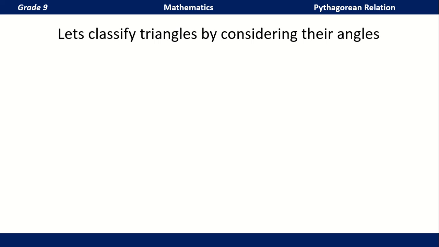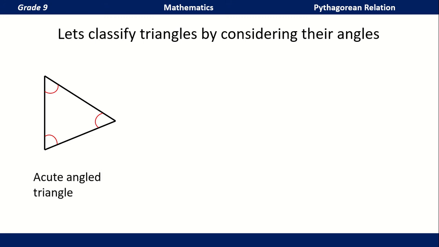We can categorize triangles into three types according to the magnitude of their interior angles. The first type is the acute angled triangle. If the biggest angle in a triangle is an acute angle, we call it an acute angled triangle. The second type is the right angled triangle.